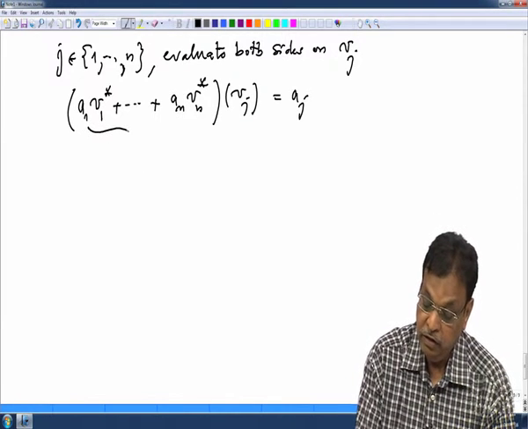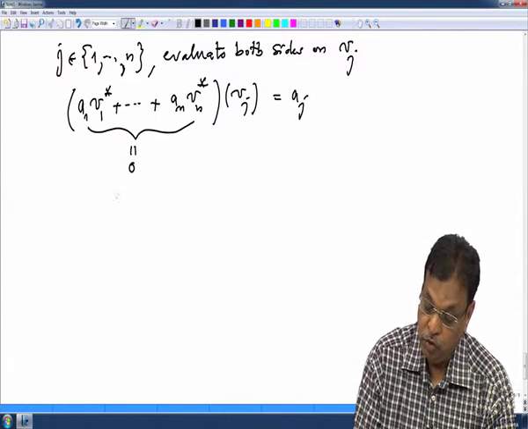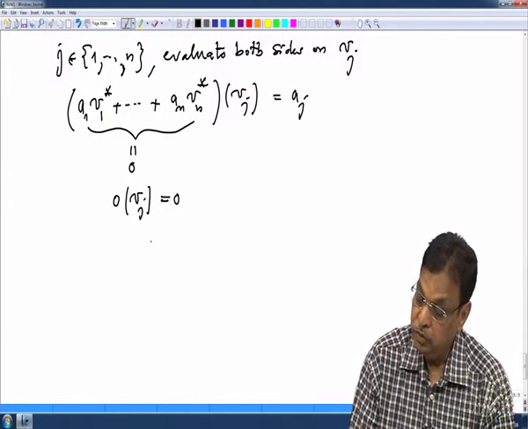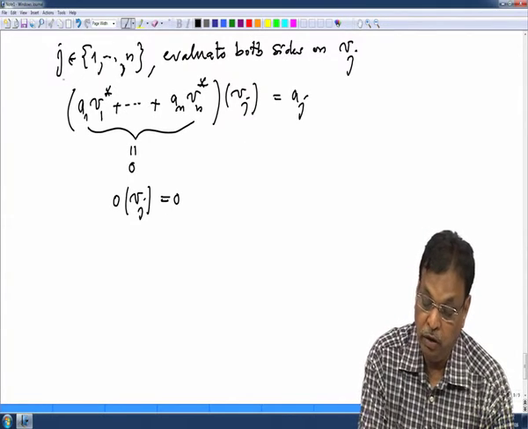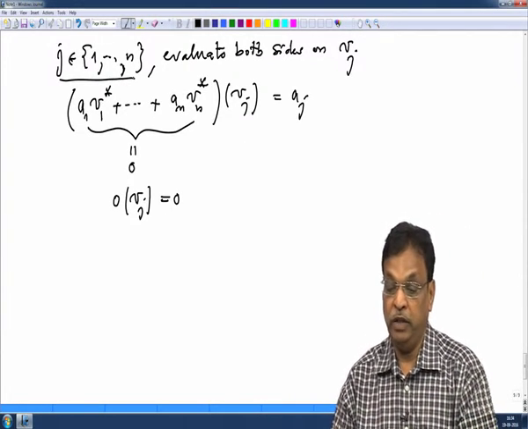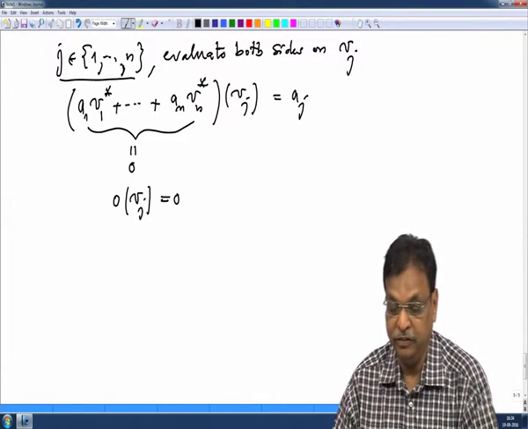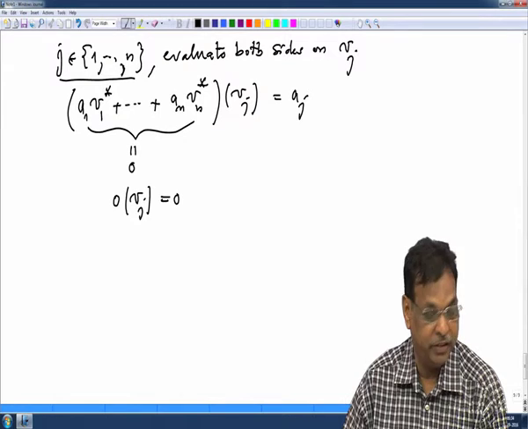On the other side, this sum we were assuming 0. So, it is the 0 linear form evaluated at Vj, which is 0. So, we proved aj equal to 0 for all j from 1 to n. So, that proves linear independence of V1 star to Vn star.